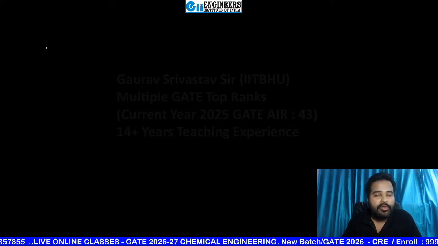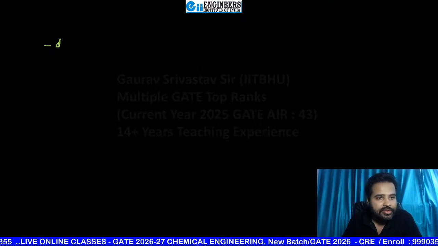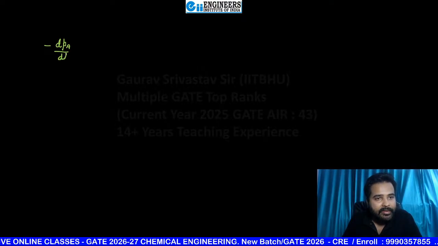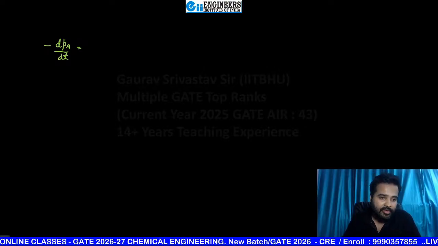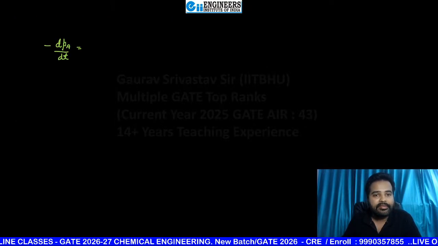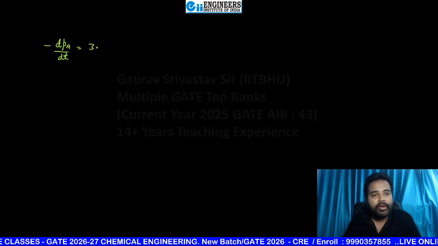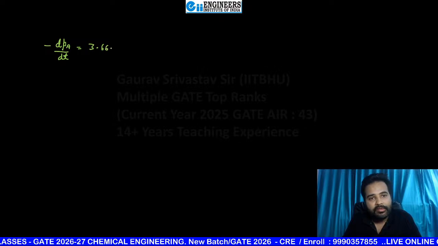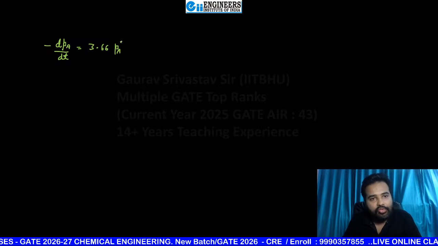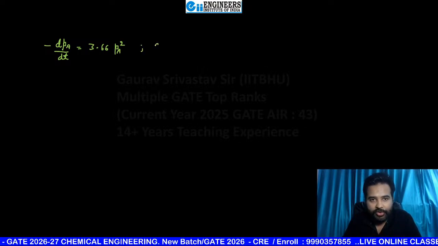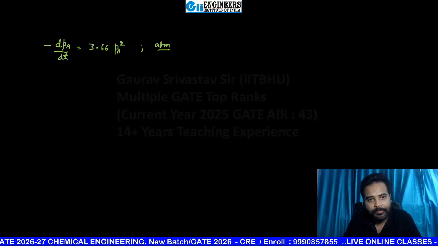Our equation is dPa by dt equals 3.66 Pa square, and the overall unit is written as atm per hour.